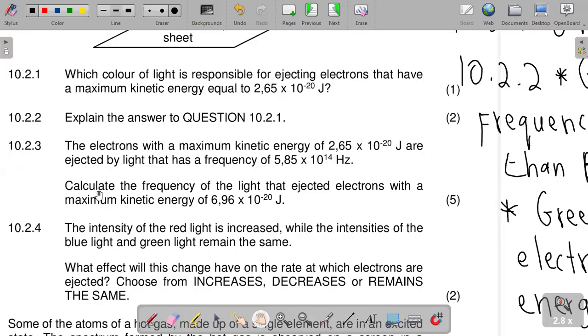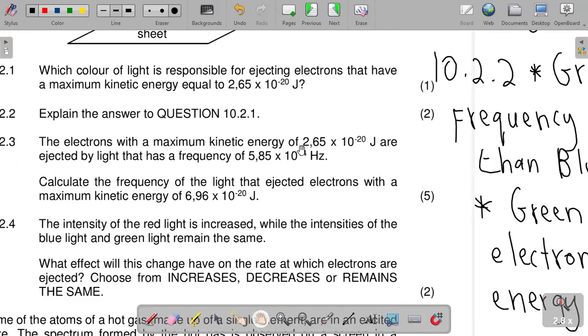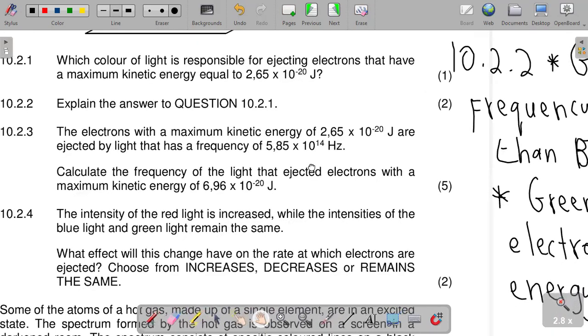Now they say calculate the frequency of the light that ejected electrons with a maximum kinetic energy of 6.96. So here we can get the work function because we have the frequency and we have the kinetic energy. So we're going to start there.